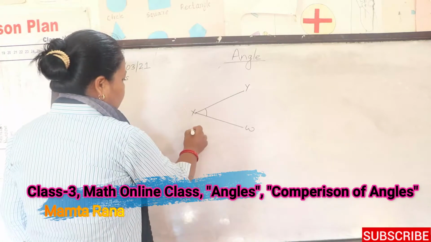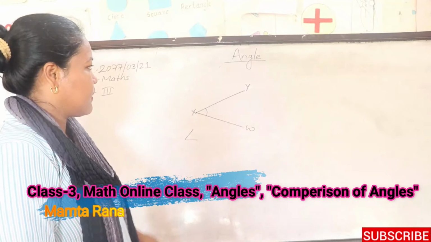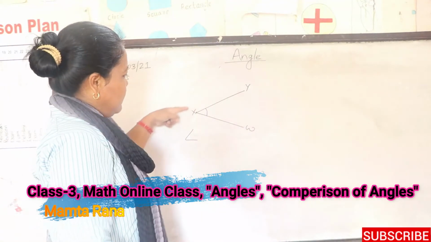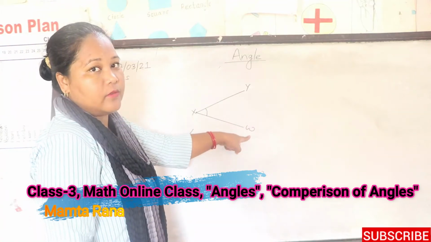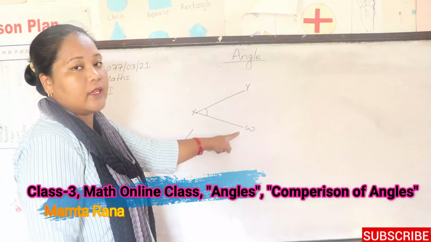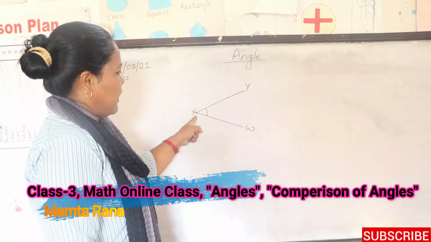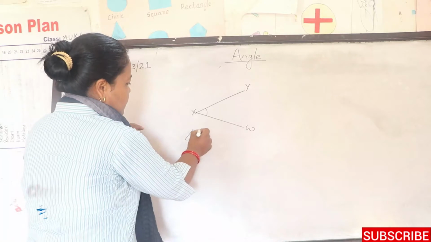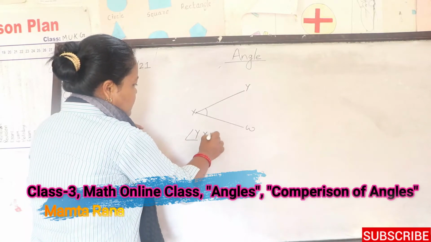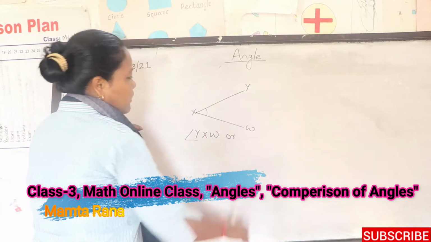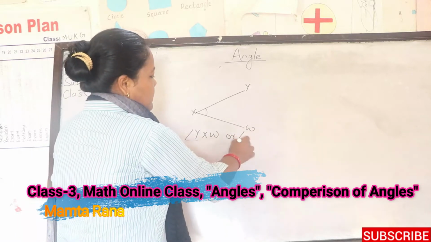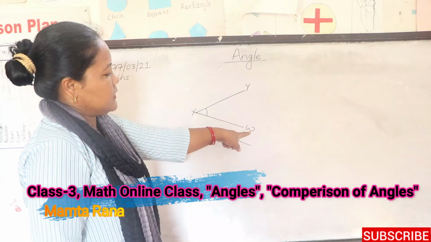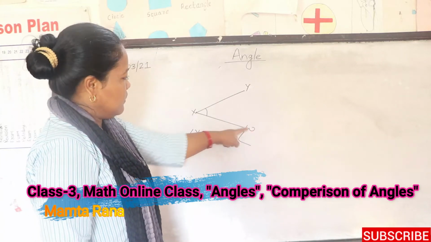Angle YXW. How to write the name of this angle? YXW. This X should be in the middle. Or in the other way, you write the name of this angle starting from the downside letter, WXY.